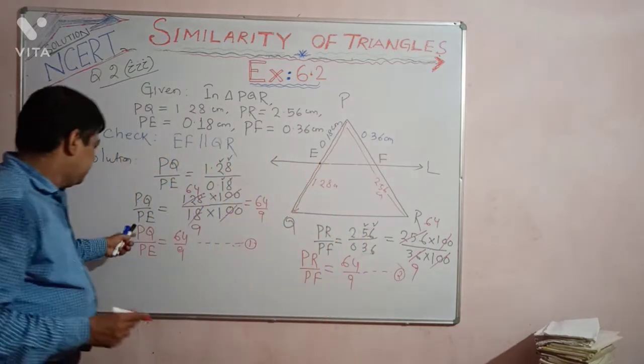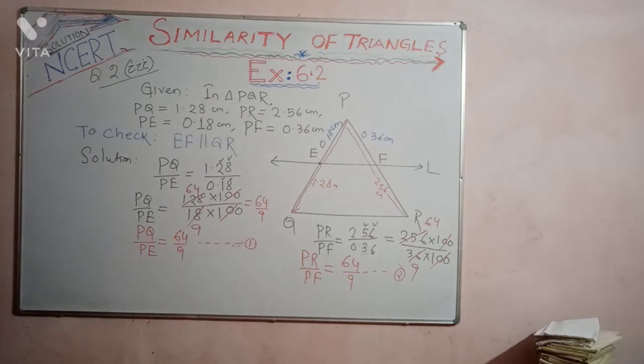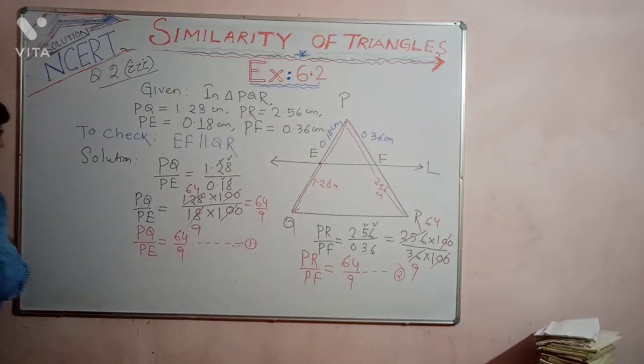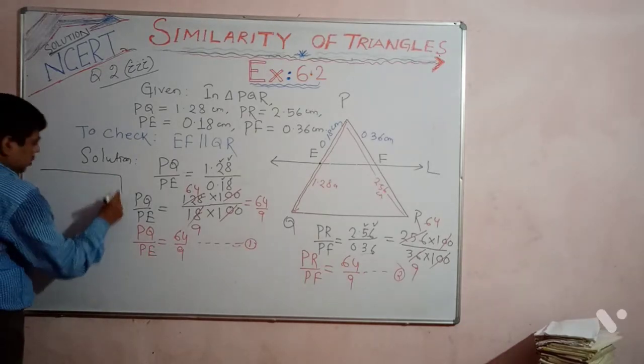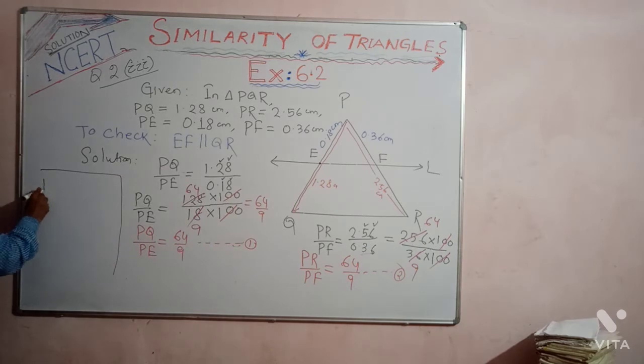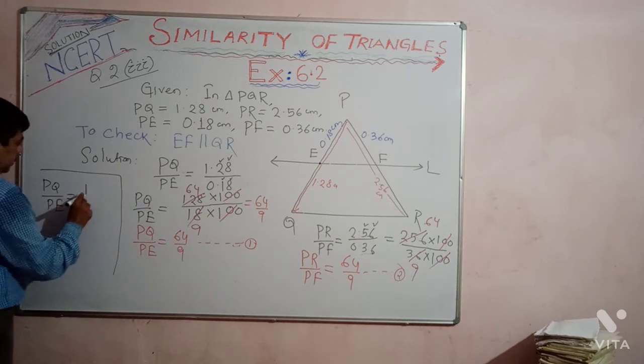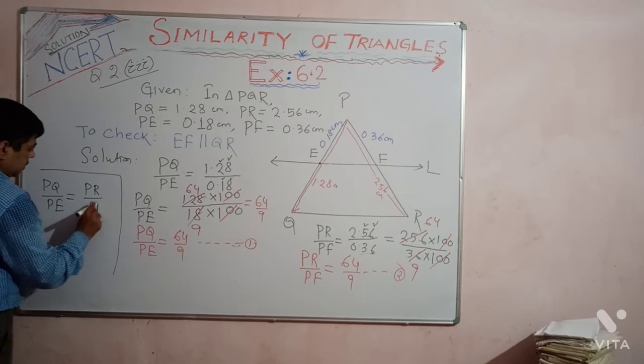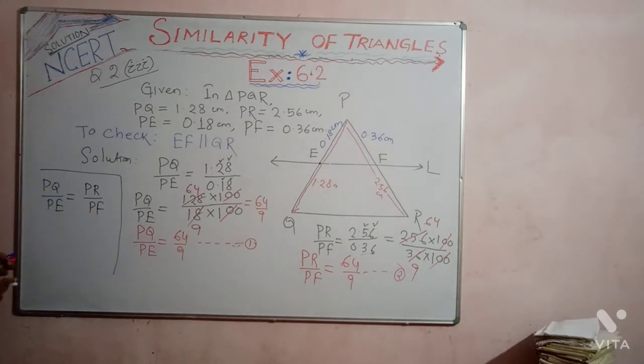Here PQ upon PE is equal to 64 by 9 and PR upon PF is equal to 64 by 9. So it is clear that from both equations, PQ upon PE is equal to PR upon PF. Yes or no? Understand?